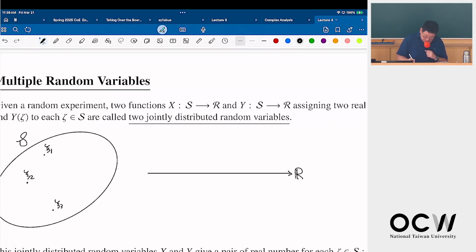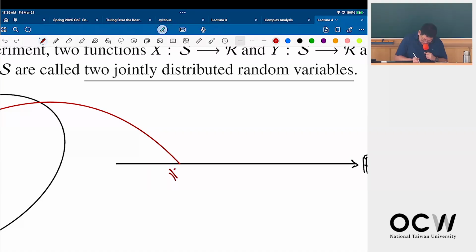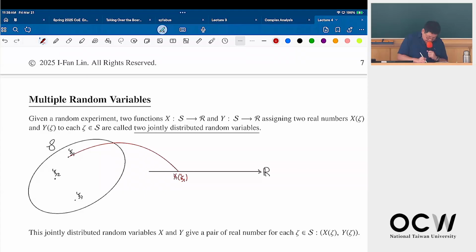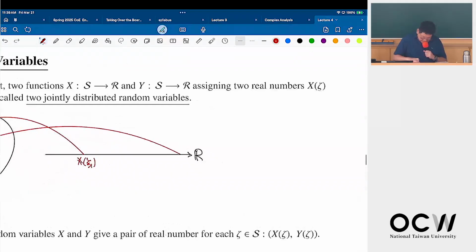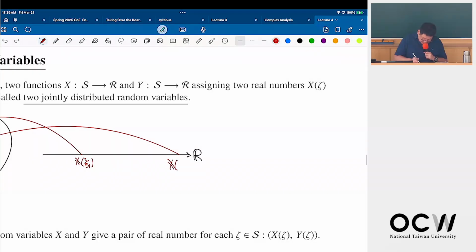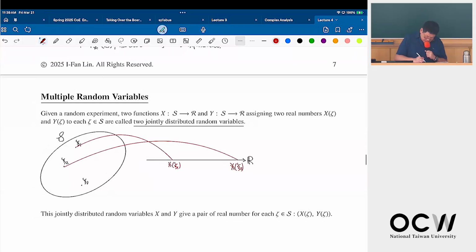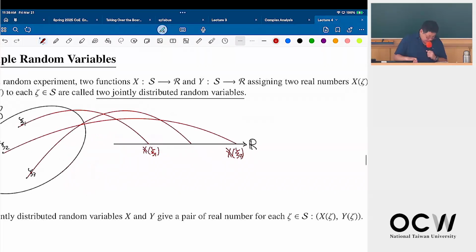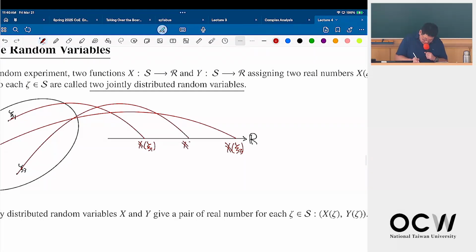So here, suppose I map this to the real line. This is x of zeta 1, and here x of zeta 2, and for zeta 3, I also have a map.